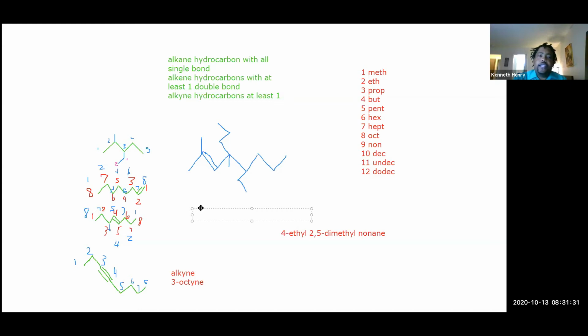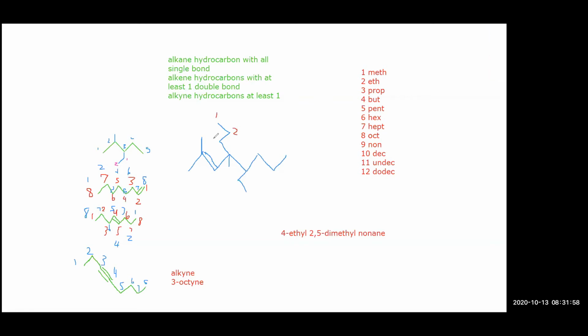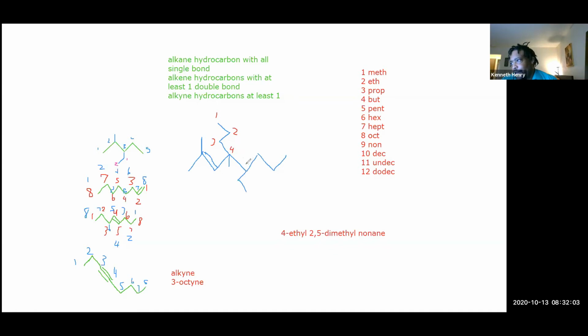Okay, so let's find the longest chain. Where should I start counting? Let's try here. That's 1, that's 2, that's 3, that's 4, that's 5, that's 6, that's 7, that's 8.